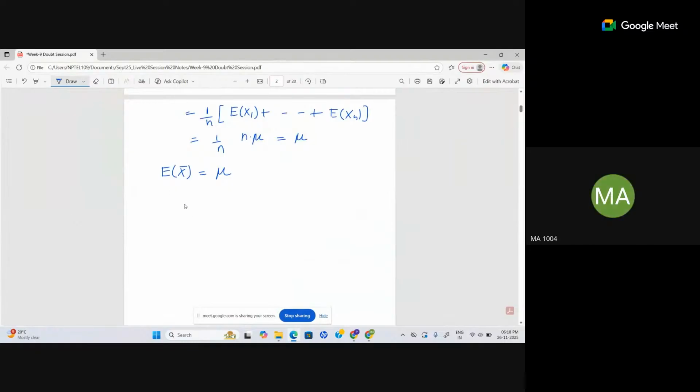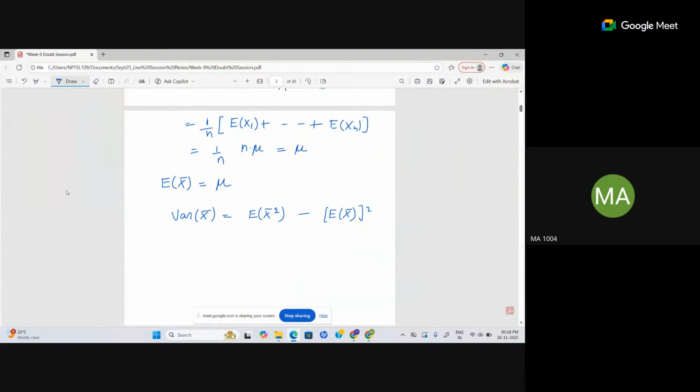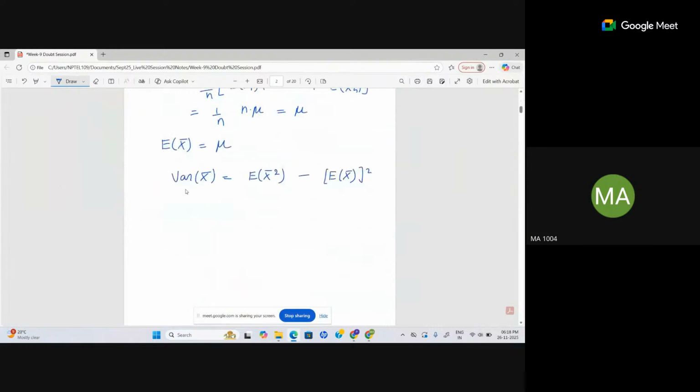Yes, ma'am. Now variance of x bar is equal to expectation of x bar square minus expectation of x bar whole square. Now just put the value. Variance of x bar is sigma square by n, and expectation of x bar square is what we have to find, and expectation of x bar is mu, whole square.